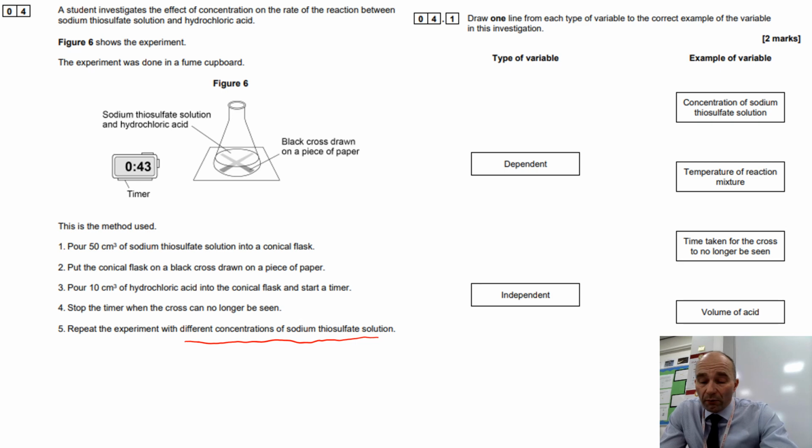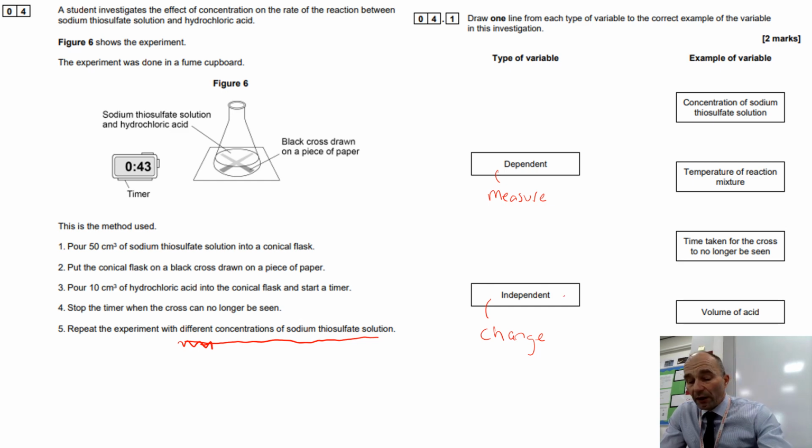We need to pick out what is our dependent variable, what is our independent variable. So remember, don't mess in class. Don't mess, dependent is measure, independent is what we change. Hopefully we've already established we've got different concentrations of sodium thiosulfate solution. That is the thing that we're changing.